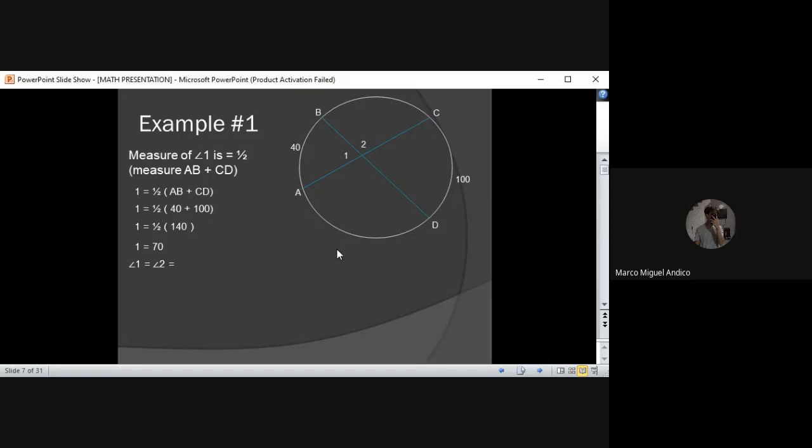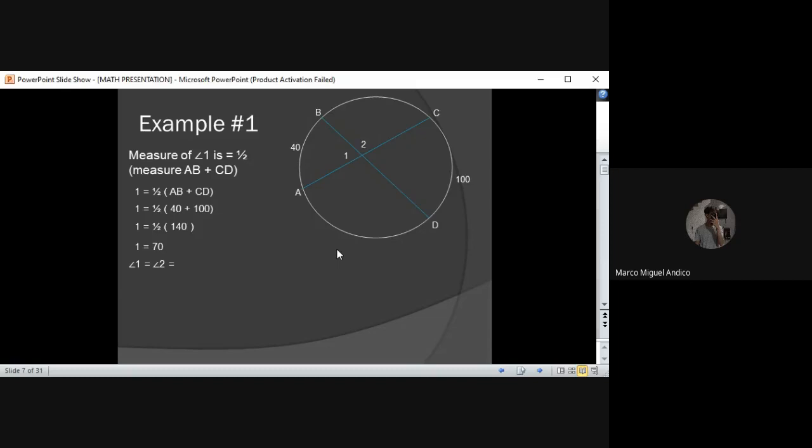Angle 1 plus angle 2 is equal to 180. Bale po sila dito parang supplementary dahil dapat po sila mag-equal ng 180, because if an angle adds another angle, it must be equal to 180.